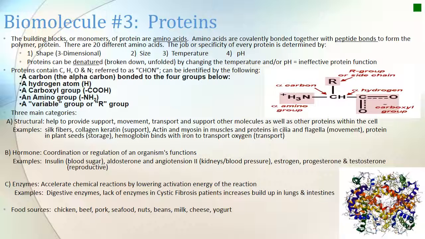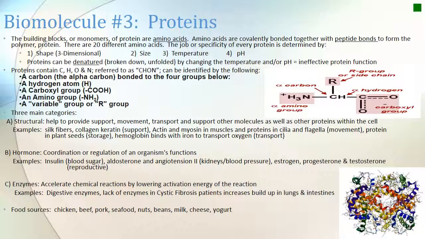And one particular genetic disease that we'll talk about in one of our genetics units is cystic fibrosis. Cystic fibrosis patients lack a particular enzyme that helps to break down mucus. So if you're lacking that enzyme, you're not able to carry out that reaction and break down that mucus.